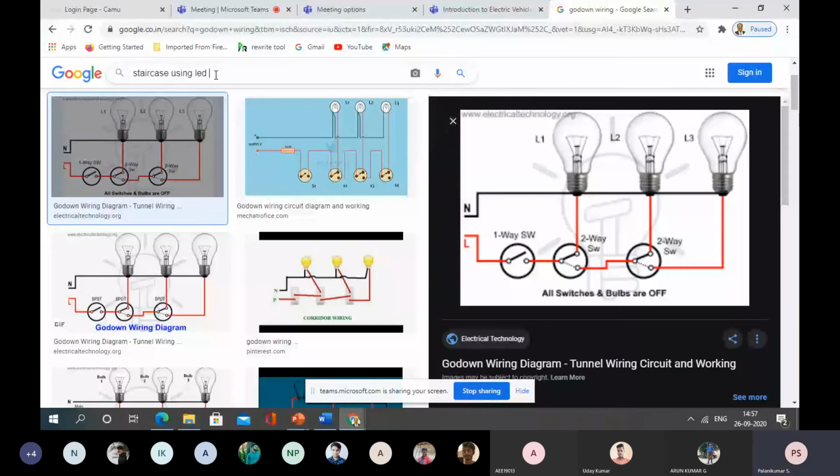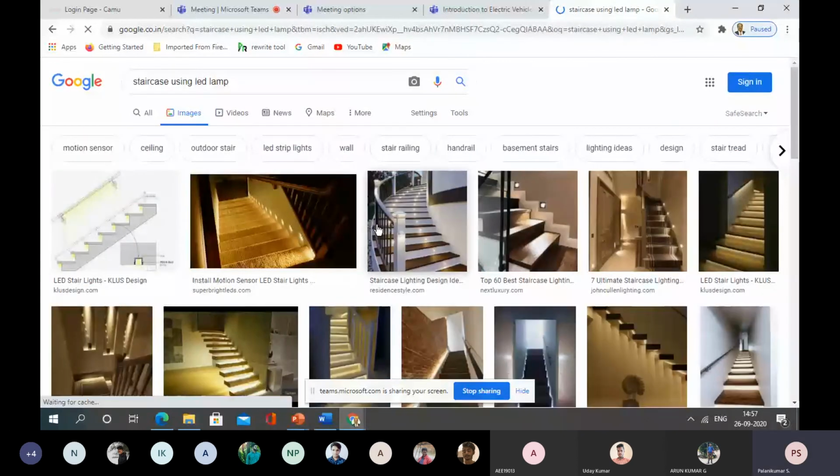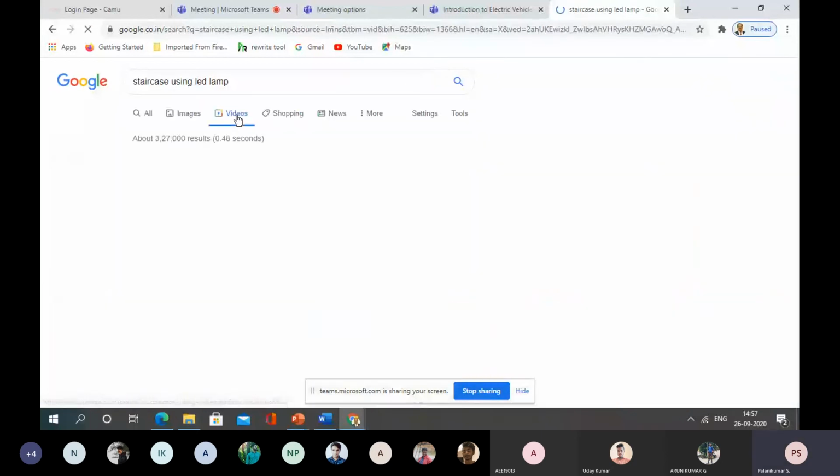Whenever a person is moving on the staircase, only then the light will be on. Suppose I'm moving on these steps, automatically, simultaneously, the lights will keep on going like this.